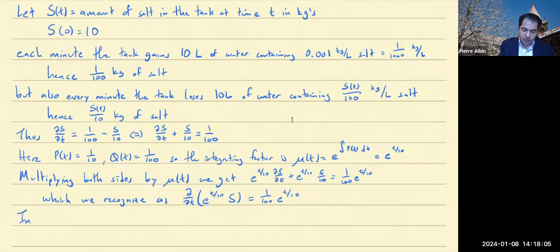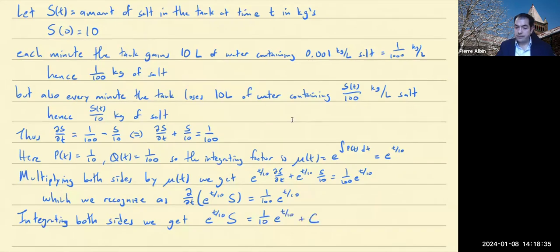Right? Integrating both sides with respect to t, we get on the left-hand side e to the t over 10 times S. On the right-hand side, we get 1/10 e to the t over 10 plus a constant.